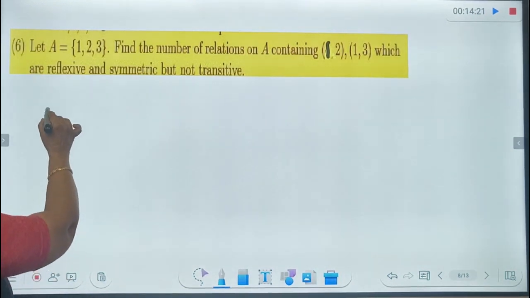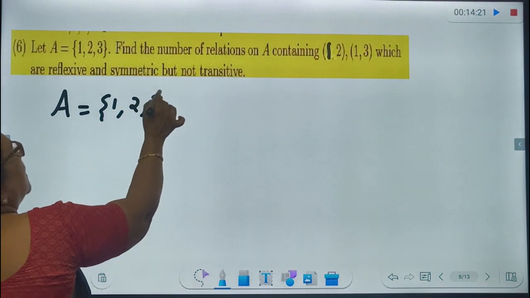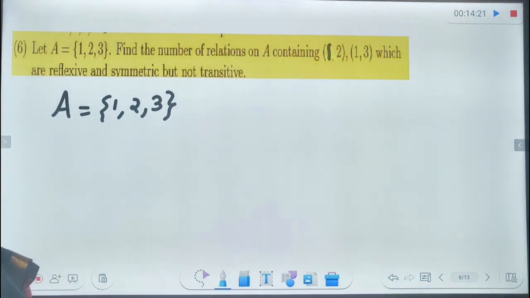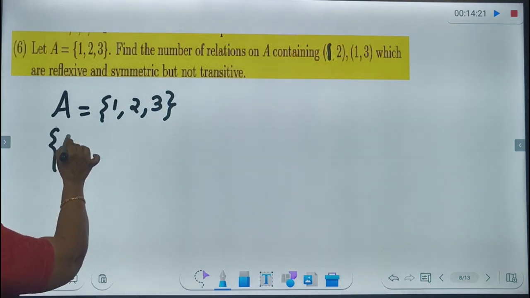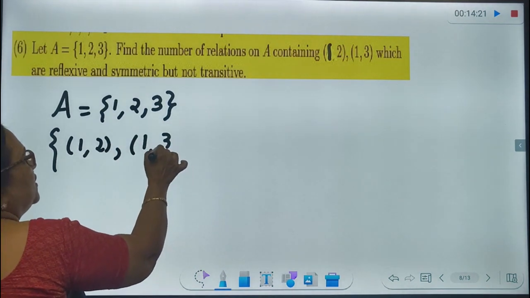Consider the next problem. A equal to {1, 2, 3}. We have to find the number of relations on A containing (1, 2) and (1, 3) which are reflexive and symmetric but not transitive. Okay. So, I already have (1, 2). It should contain (1, 2) and (1, 3).